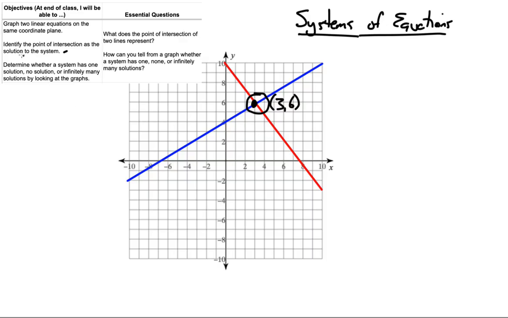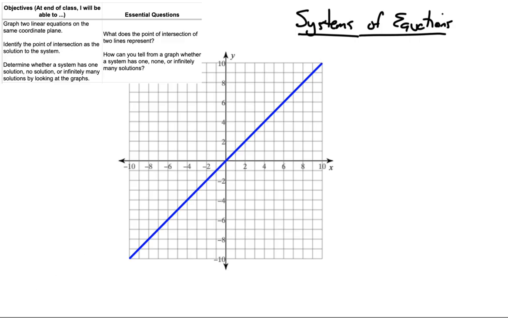And then finally, sometimes you have a system that looks like this. So I'm going to get rid of this one to start with. Imagine if my blue line looked like this again. Here, I'll do a blue line like this. It goes from here to here like that.